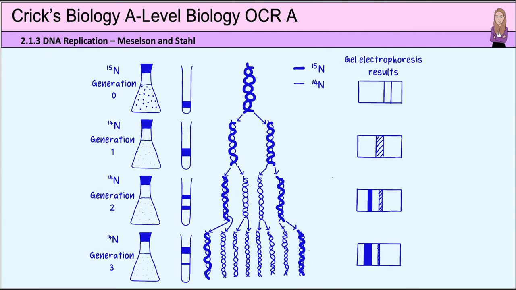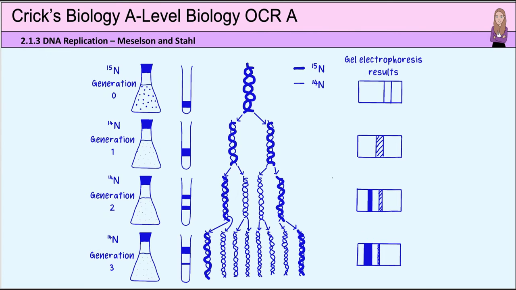After centrifugation, DNA containing nitrogen-15 settles lower in the centrifuge tube than DNA containing nitrogen-14. Also, DNA with nitrogen-15 forms light-coloured bands in gel electrophoresis, as compared to DNA with nitrogen-14, which forms dark-coloured bands.